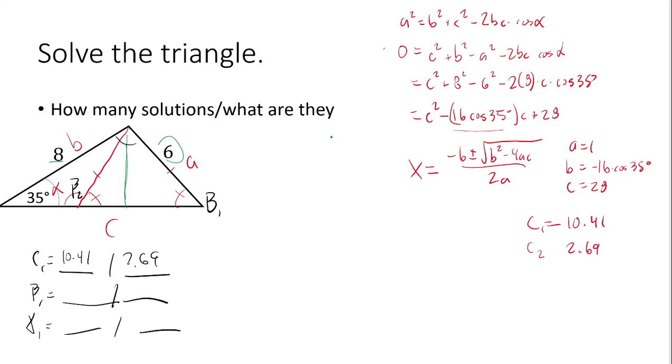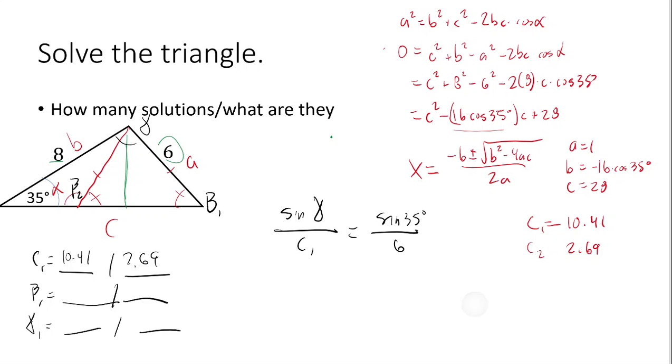No, that's not how you write gamma. That's gamma. Let's set it up: the sine of gamma divided by C1, which we have, would be the same as the sine of 35 degrees divided by 6.